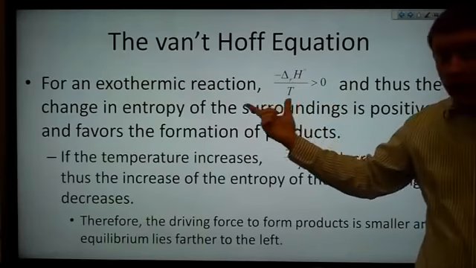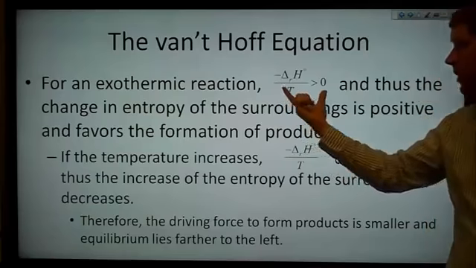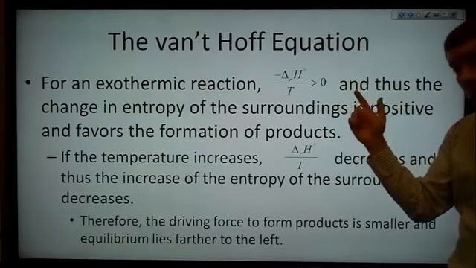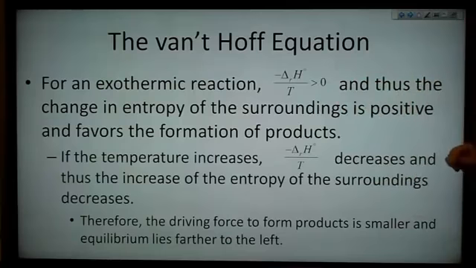So for an exothermic reaction, this quantity, minus delta rH naught over T, is greater than 0. And that means that the change in entropy of our surroundings is positive, and this favors the formation of our products.